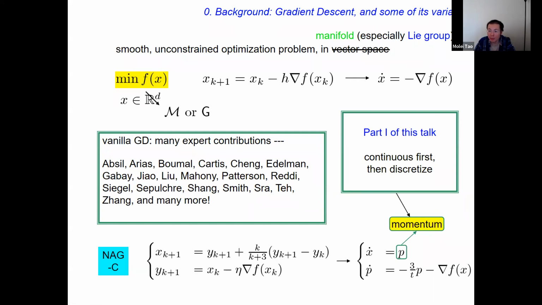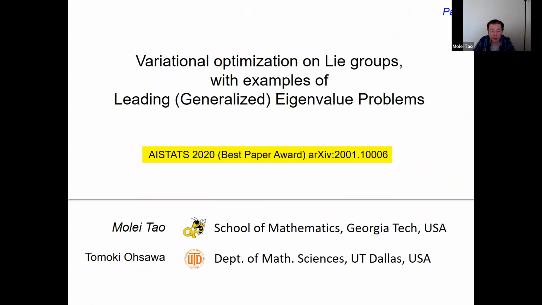So the roadmap of my strategy is that I'll first construct continuous dynamics that does the optimization, and then I'll discretize this dynamics very, very carefully. By discretize, I mean discretize the time. So I'll get an algorithm, and the algorithm will stay exactly on the manifold, and it does the optimization. So that's the plan, and this part of the talk is based on this work.